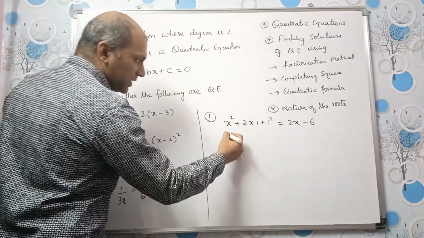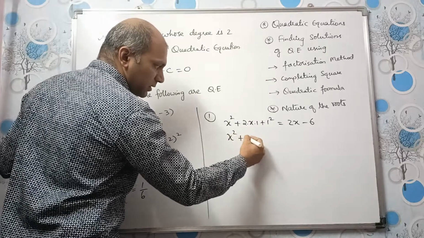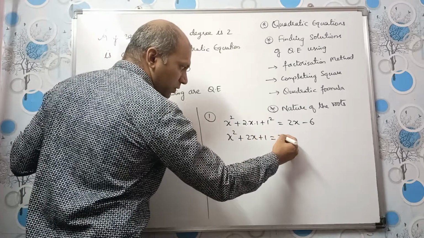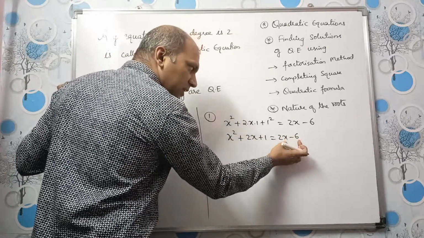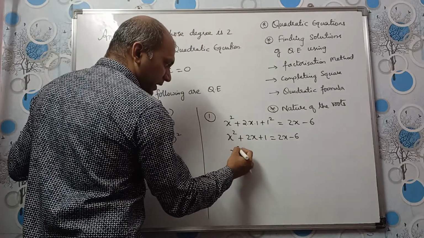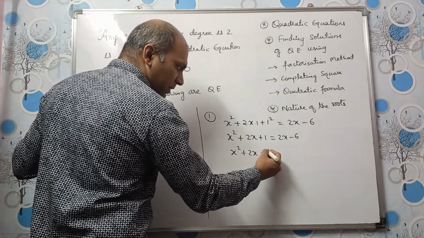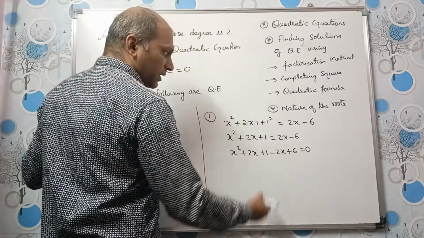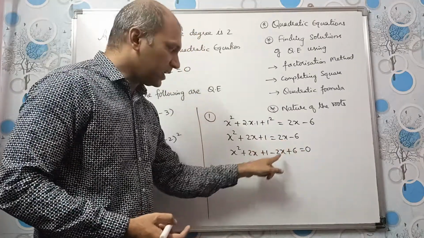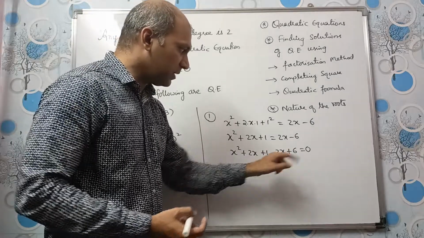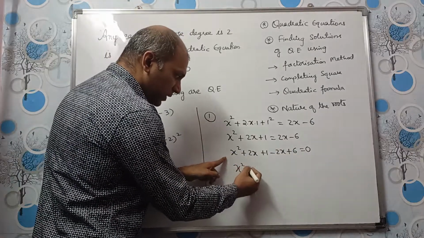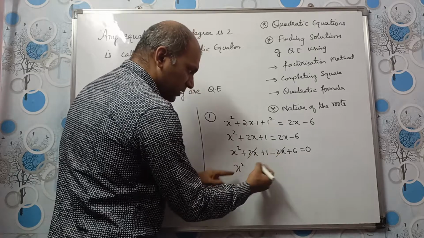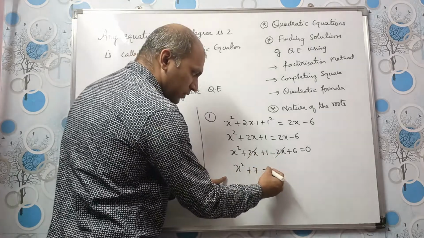So this will be x square plus 2x plus 1 equal to 2x minus 6. Let us bring these two terms to this side: x square plus 2x plus 1 minus 2x plus 6 is equal to 0. Plus 2x became minus 2x, minus 6 became plus. So now we have x square, plus 2x minus 2x will get cancelled, plus 7 equal to 0.